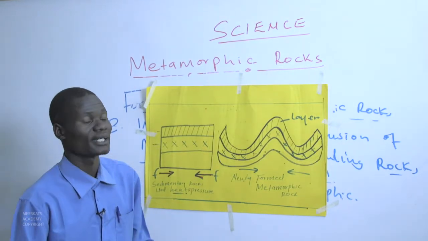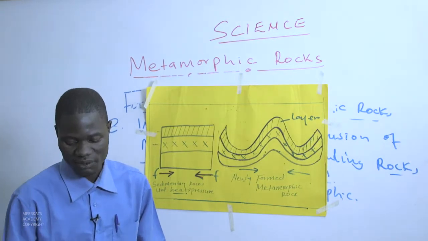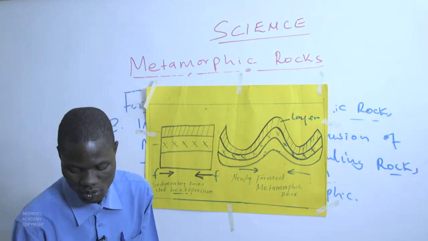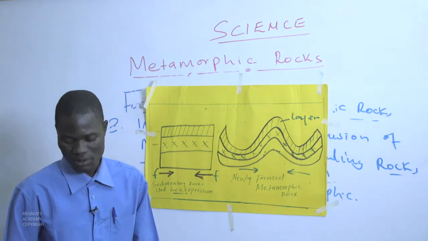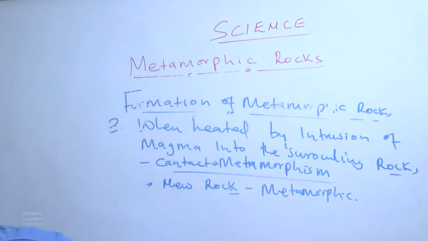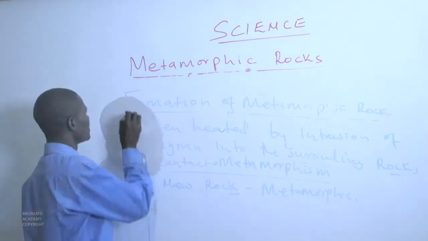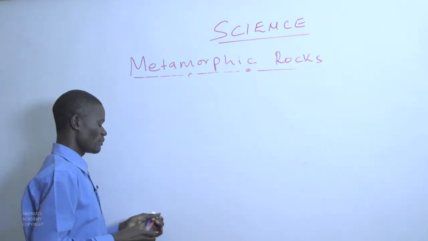Then, after looking at these processes over which metamorphic rocks are formed, we are going also to look into the types of metamorphic rocks. Let's look at the types of metamorphic rock.